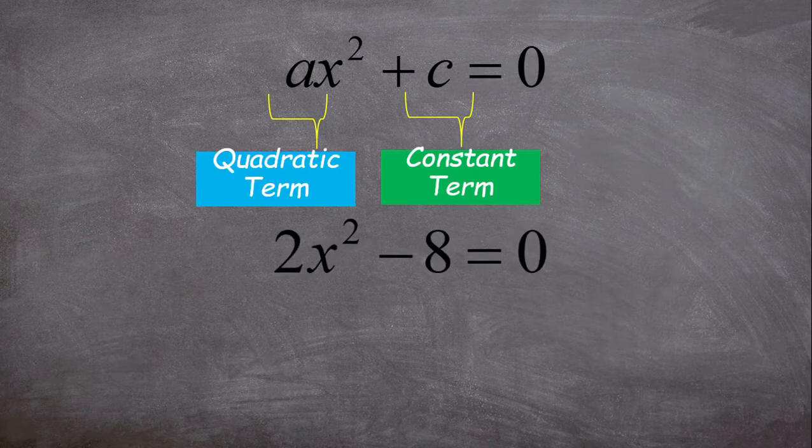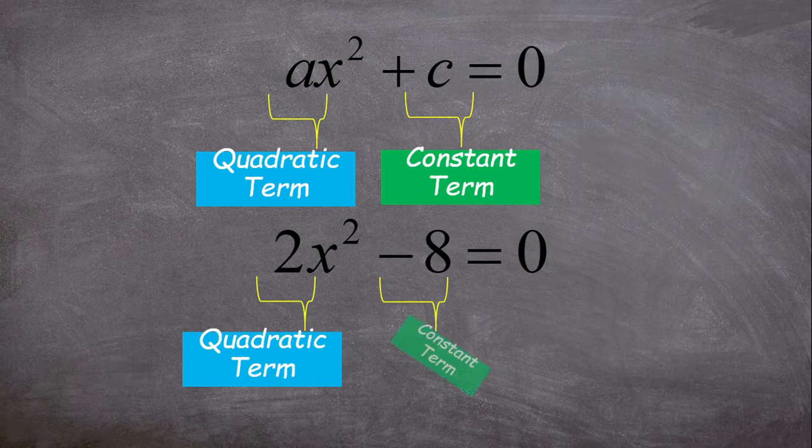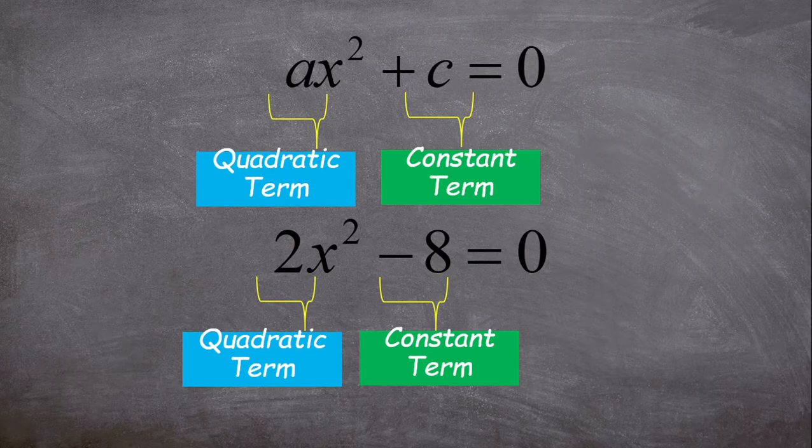Now, let's identify the constant term and the quadratic term of this example, 2x squared minus 8 equals 0. So 2x squared is the quadratic term, and negative 8 is the constant term. Do not forget to include the signs of the terms when mentioning them.